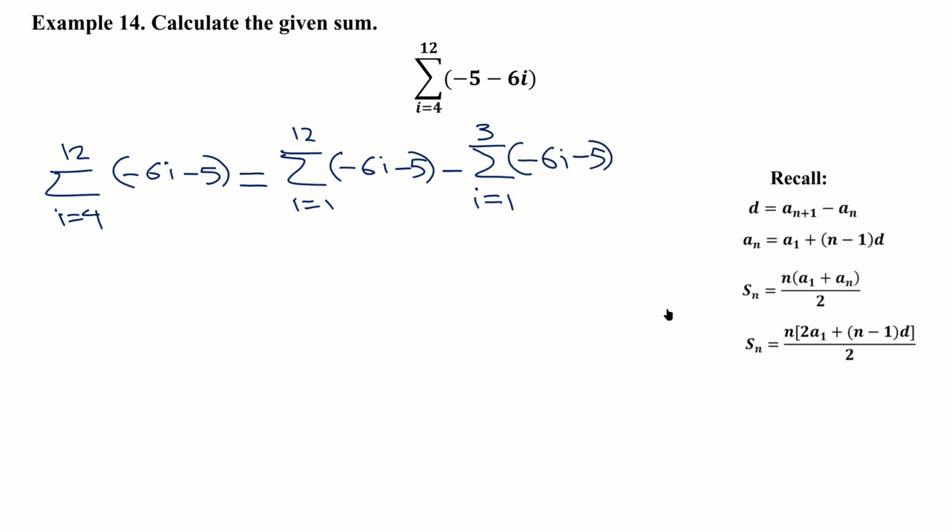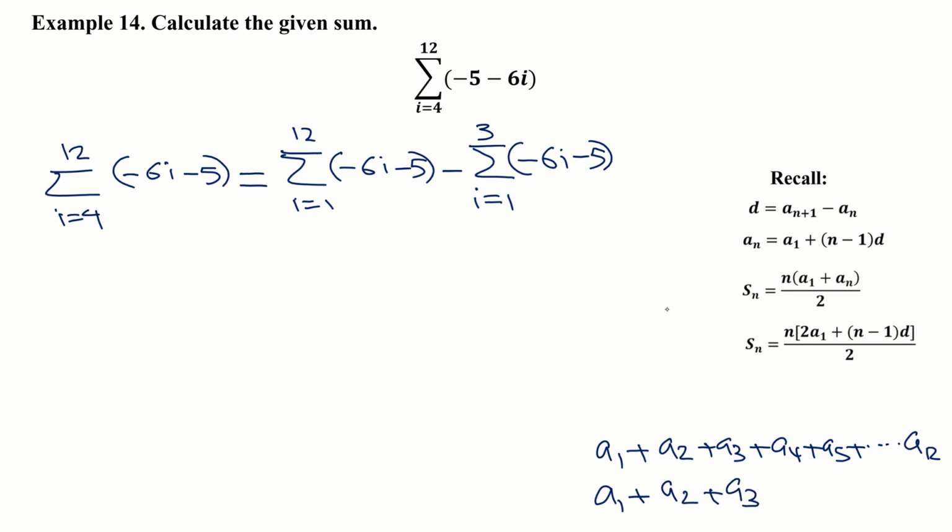So in other words, think about it this way. You have A1 plus A2 plus A3 plus A4 plus A5 plus all the way up to A12, right? So what we're saying is, if you take the sum of those 12 terms, and take away from it A1 plus A2 plus A3, this sum, right?